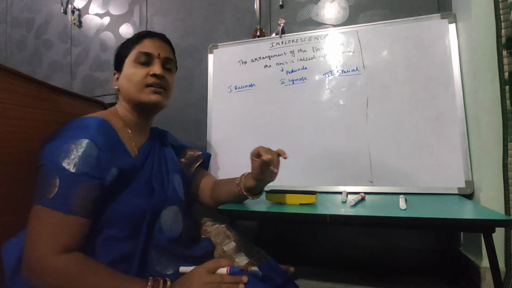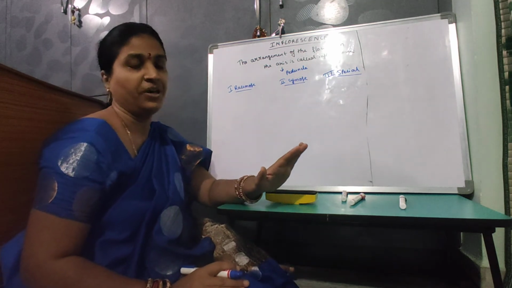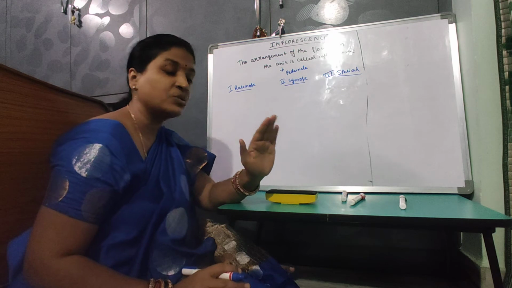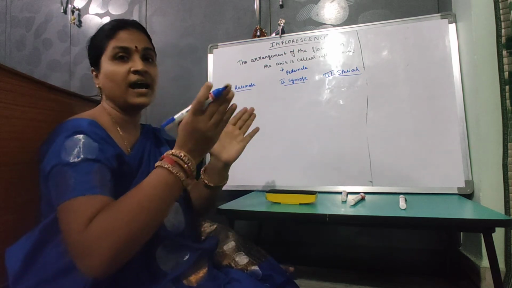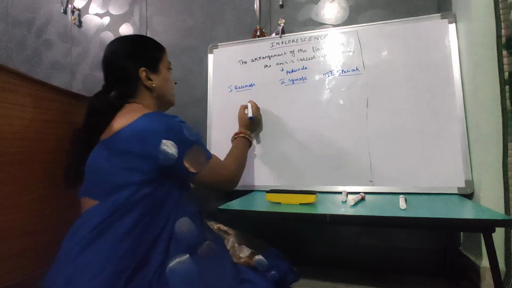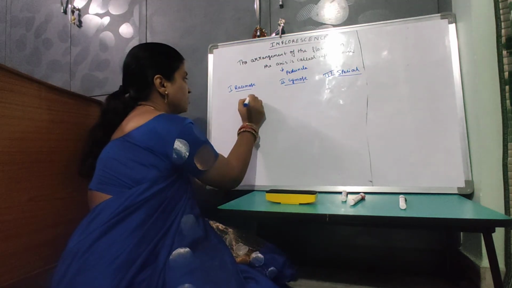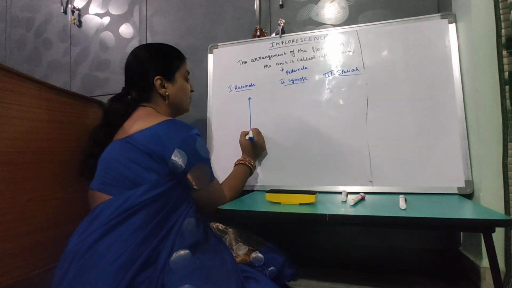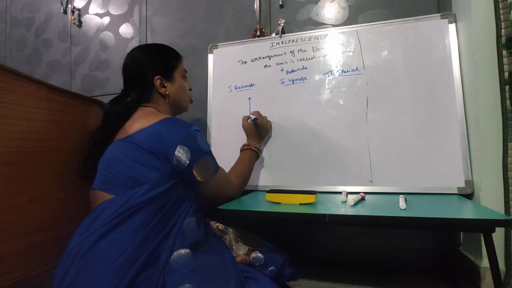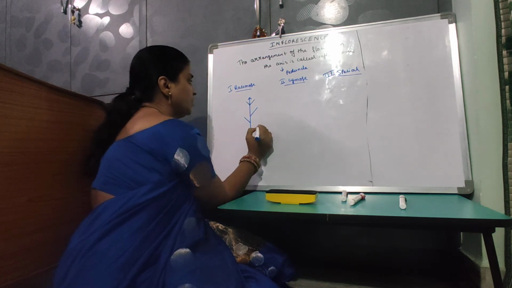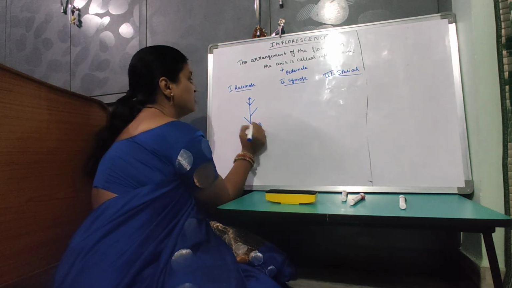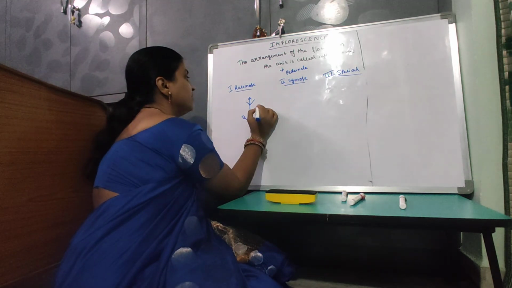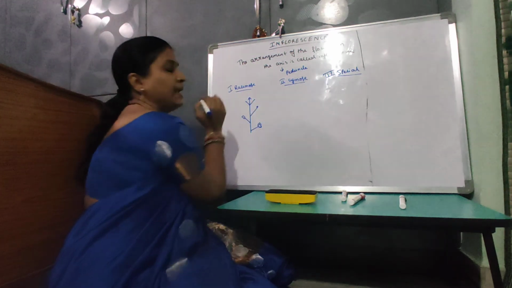First, coming on to the racemose inflorescence. Here the peduncle, the main axis, grows indefinitely, and the flowers on the main axis are in an acropetal manner. Acropetal manner means inverted V fashion, or older flowers at the base, younger flowers at the apex.